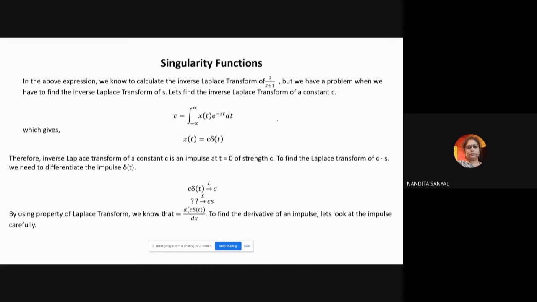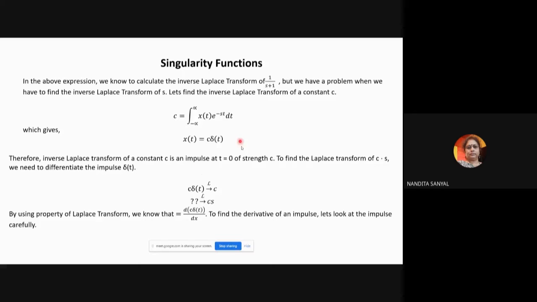Similarly, if the constant value is c, taking the Laplace transform, the integral from minus infinity to plus infinity of x(t) e to the power of minus st dt equals a constant, then x(t) will be delta t, so x(t) will be c times delta t.